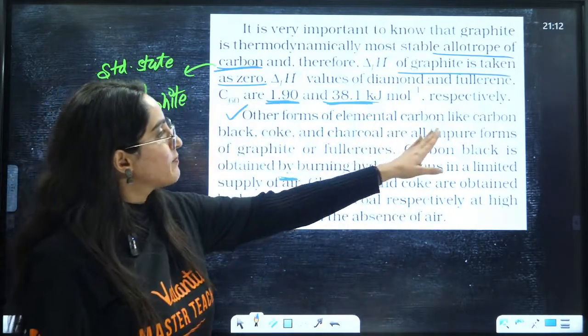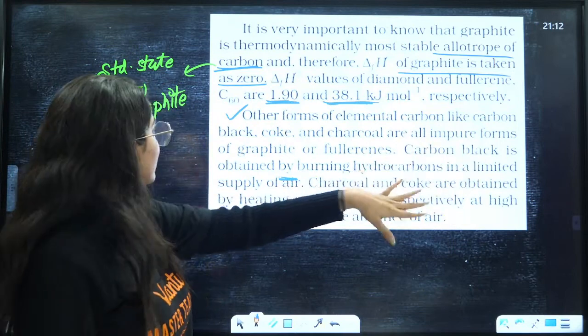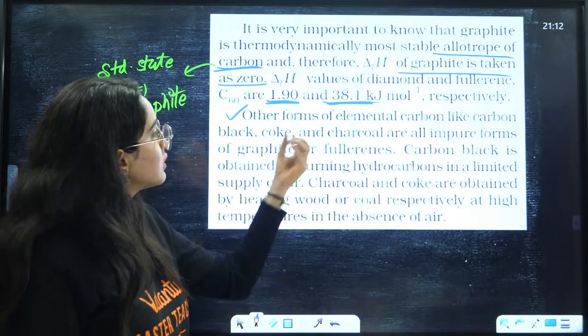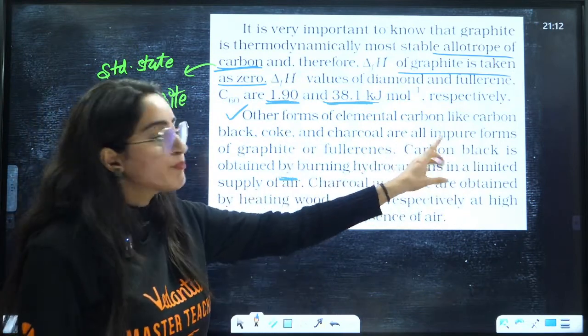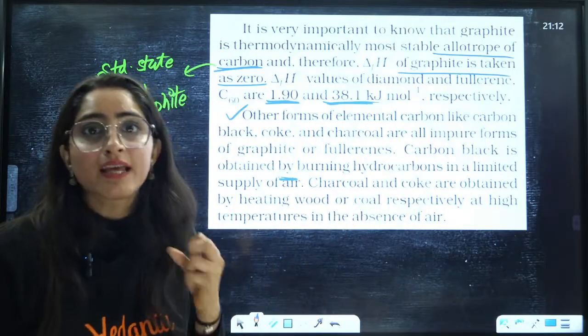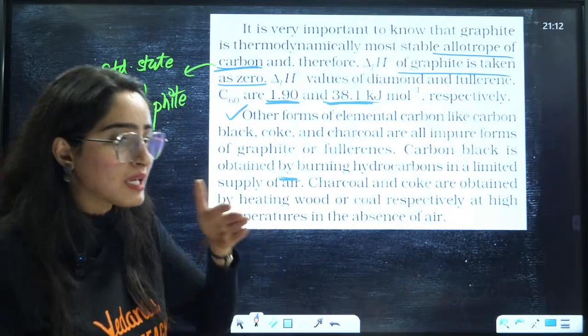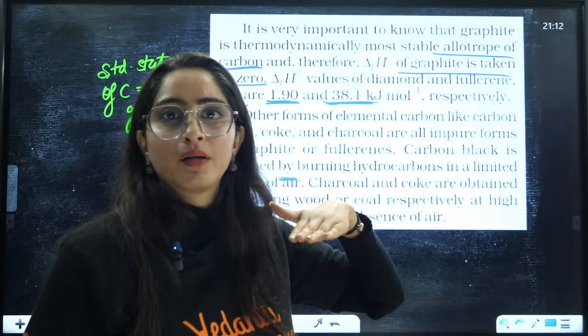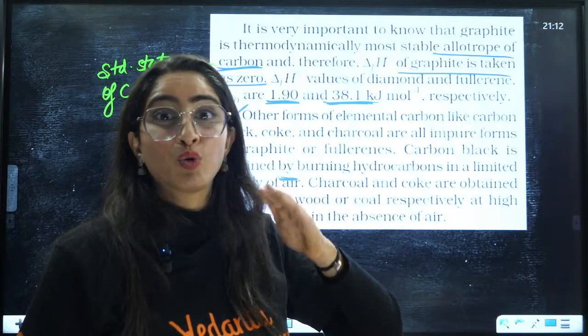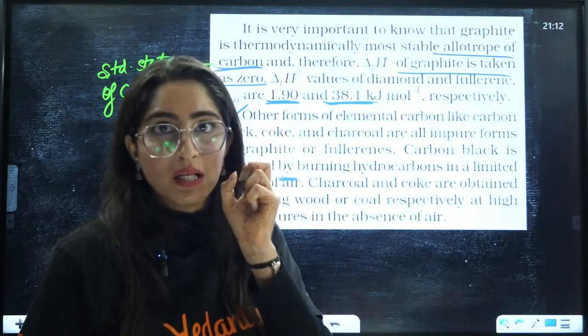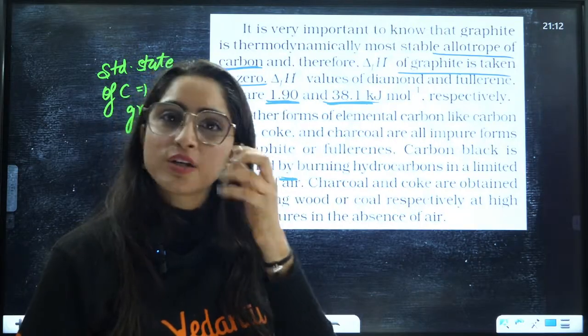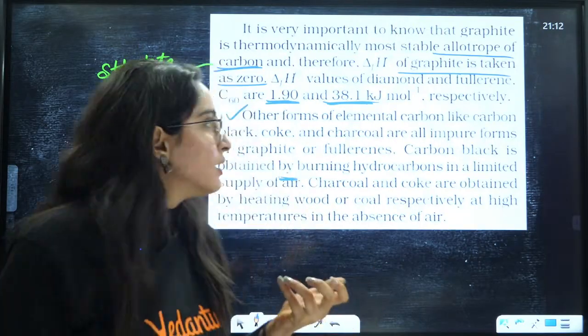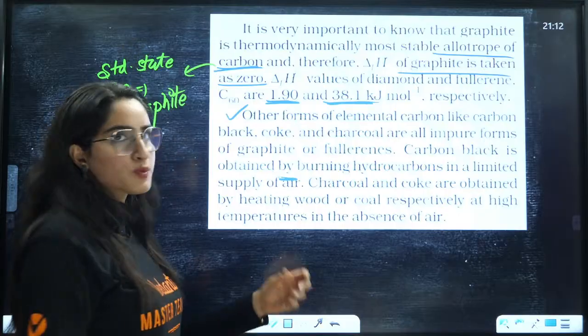Other forms of elemental carbon like carbon black, coke, and charcoal are all impure forms. They have some impurities in them, like charcoal. You must have seen the people who make iron using that charcoal, right? Actually, it is not a pure form of carbon. The pure form is very soft.